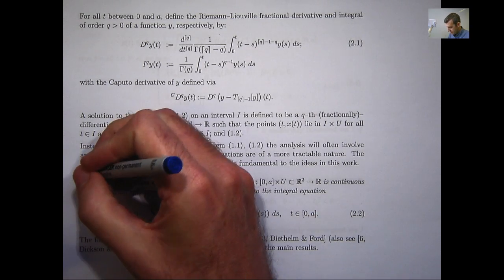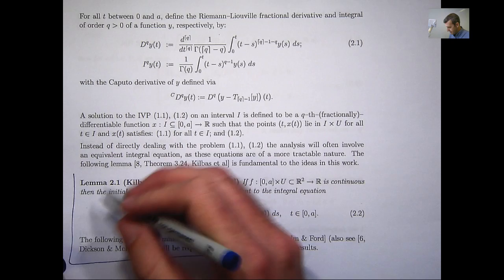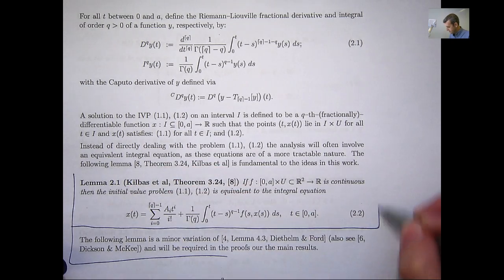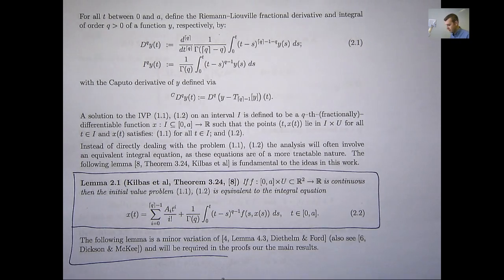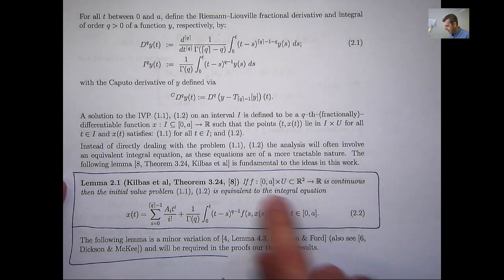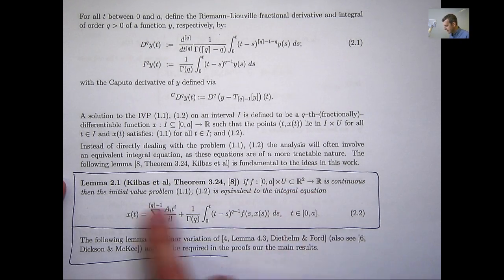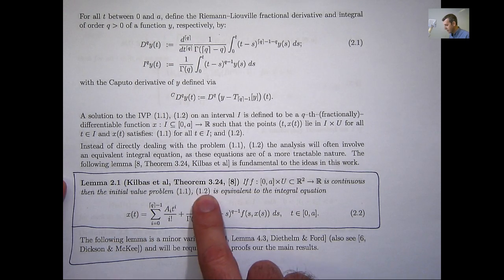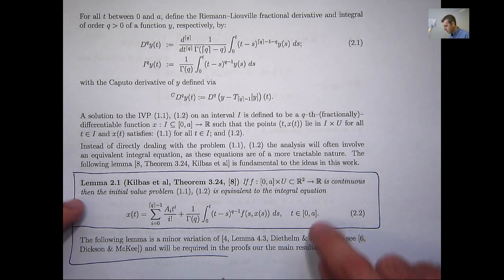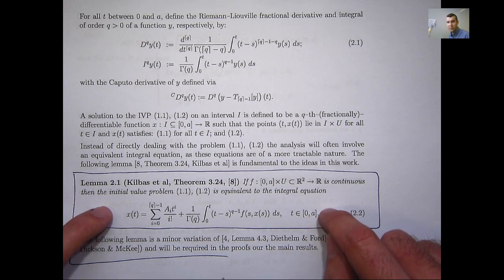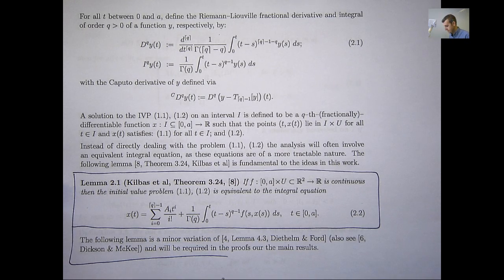And so this is what the following lemma concerns, and it's found in Kilbas's book. I'm not going to give the proof, but you can look it up. Let's say f is continuous, then the initial value problem 1.1, 1.2 is equivalent to this integral equation. Okay, so we're going to use this quite a lot in the proofs of the main results here.